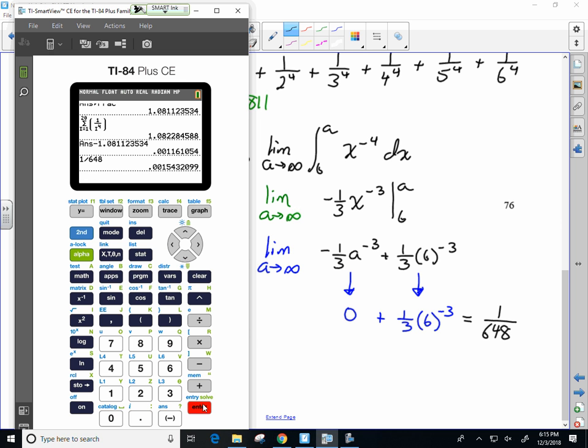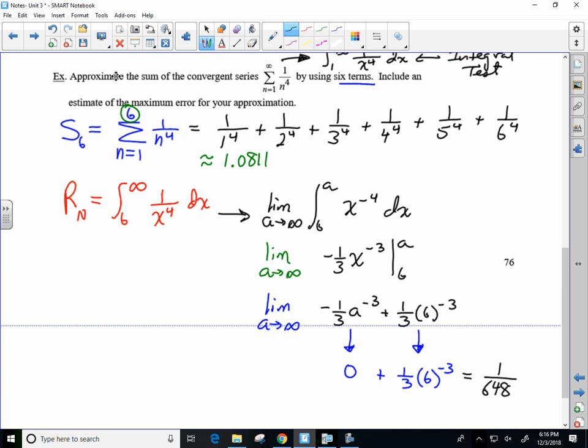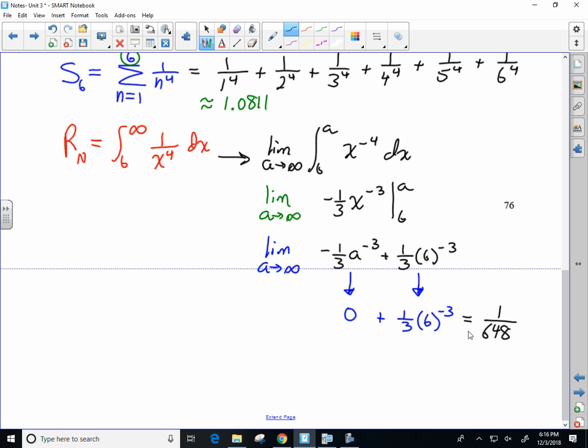It's not too far off from that. Right, so it's in the same neighborhood. So it gives you a pretty good sense on the calculator. So what they again were looking for was the approximation, which is the 1.0811, and then an estimate for the maximum error, which would be 1 over 648.